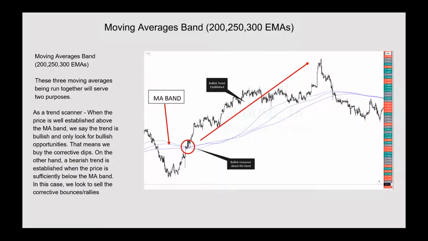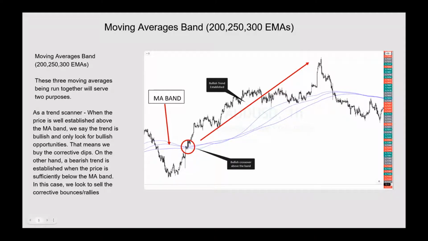Just like what we have here in the earlier slide. When price broke above this moving average, we have a bullish trend established. So the next thing we're going to do is wait for a correction back to the band. And you can see as the price corrects to the band, what happened next? It pushes up.